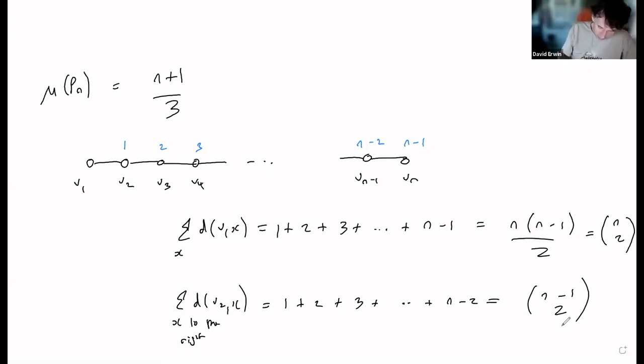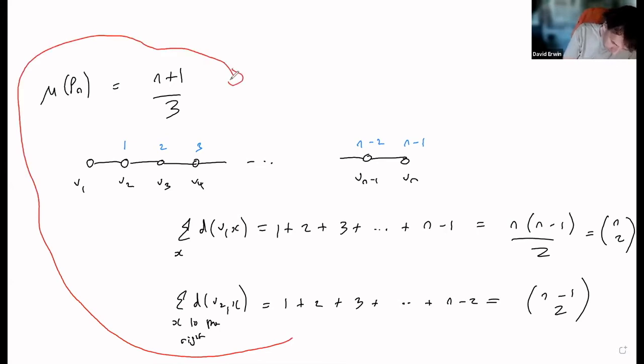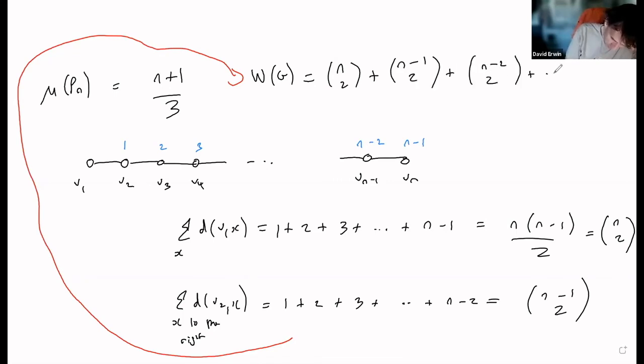And so what we'll eventually wind up with, if I bring your attention back up to the top here, is that the Wiener index is n choose 2 plus n minus 1 choose 2 plus n minus 2 choose 2 plus, and then eventually we get down to these last two vertices over here.